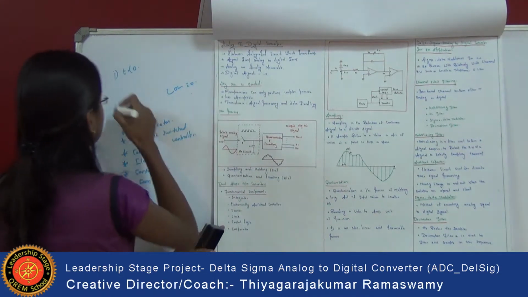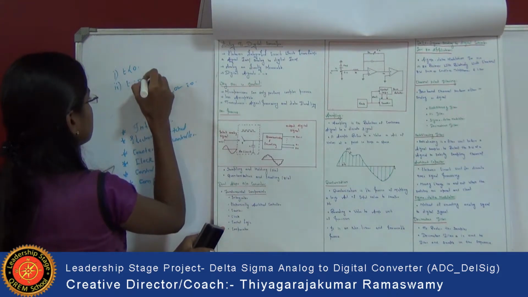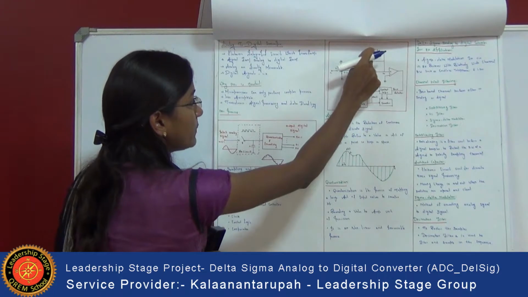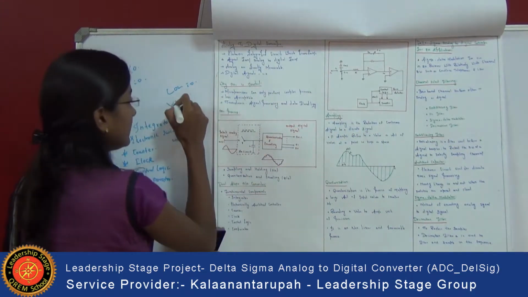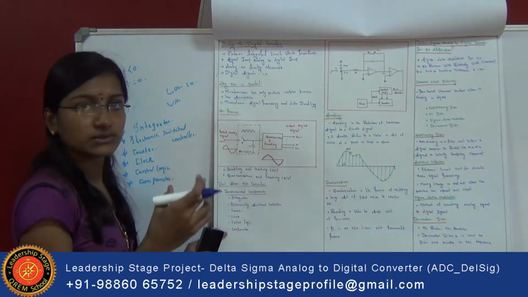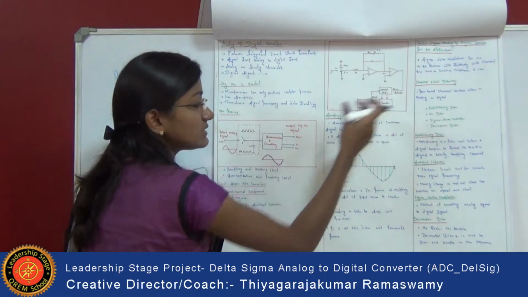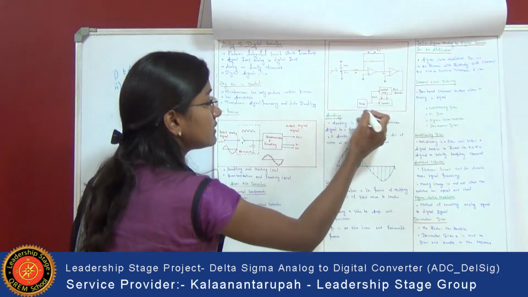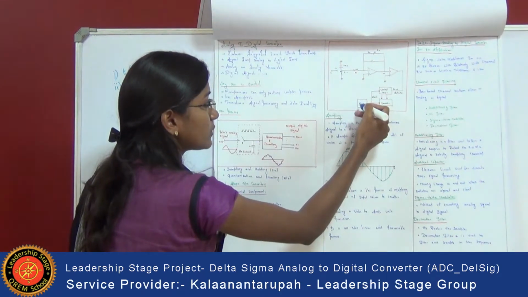And the second condition is T is equal to 0, so that S1 gets closed and S2 gets opened, and the input voltage V in passes through the whole circuit. Since the voltage passes through the whole circuit, the counter starts counting the clock pulse.